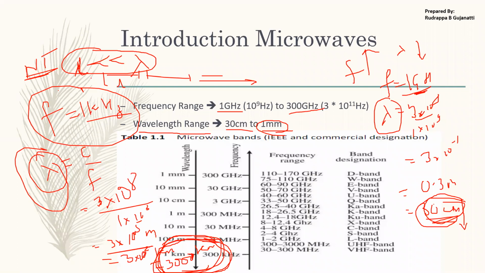If you look at the length, it might be in centimeters or meters. When you compare it with the wavelength, the length is very much smaller. If it is 1 meter, it is very much smaller compared to the 300 kilometers we have obtained.